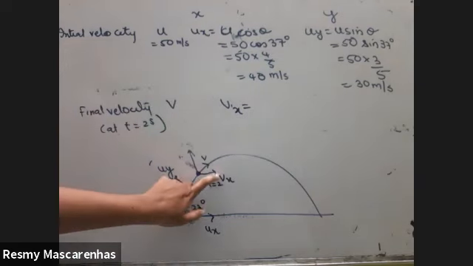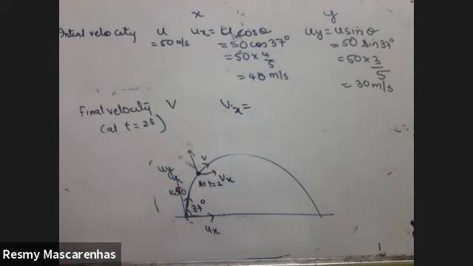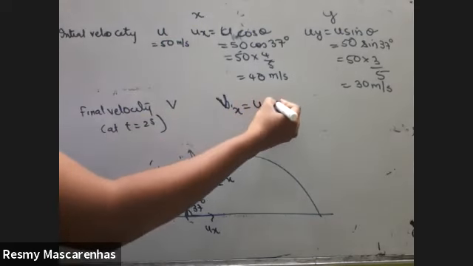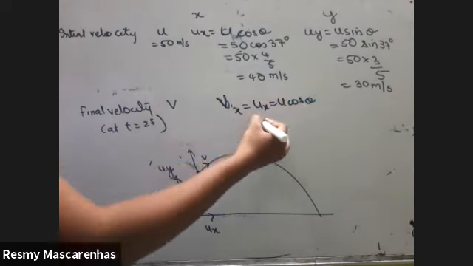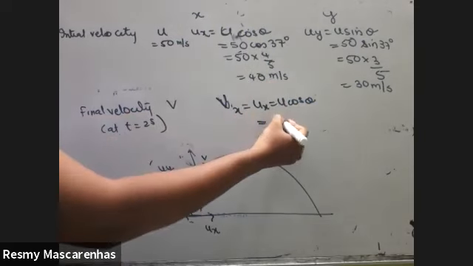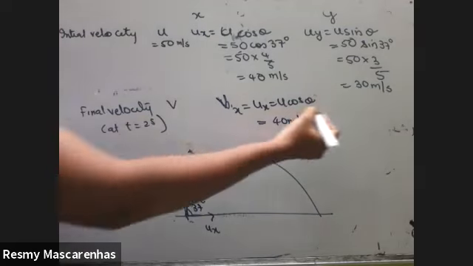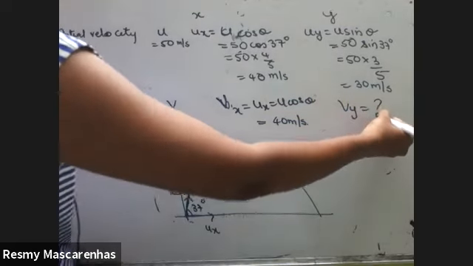The horizontal component, I told you, will always remain the same, no matter where you are checking. So Vx? 40 meters per second. Yes, Vx will be same as your Ux, which we have already calculated, 40 meters per second. Vy we don't know, we have to calculate.